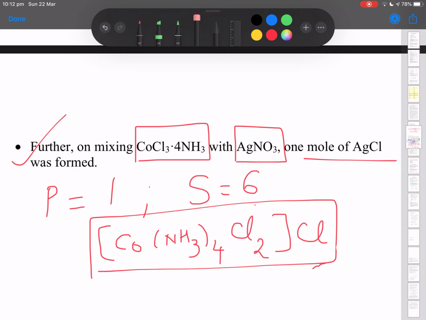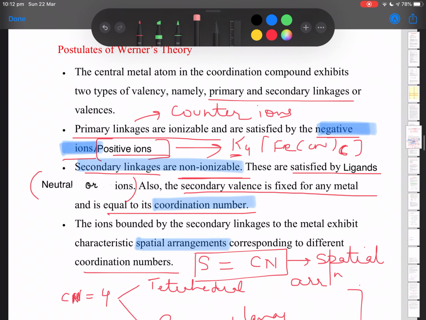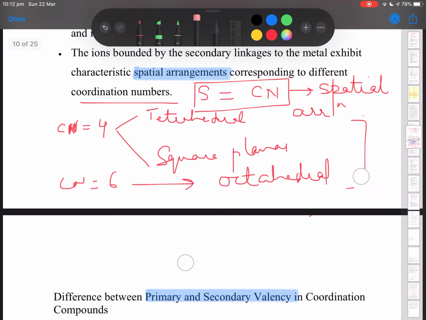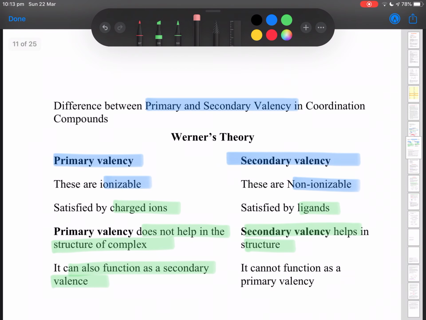So out of 3, only 1 got precipitated out, and the 2 others which were left behind were acting as secondary valency. So it is a very, very important point to understand that the primary valency could also function as a secondary valency, but the other way round it can't be.